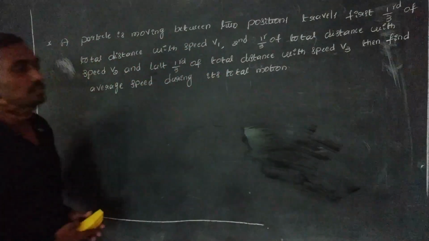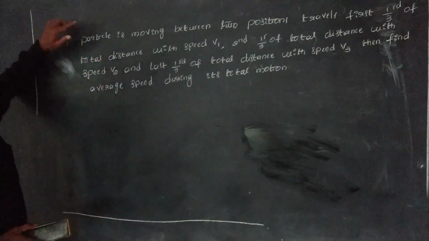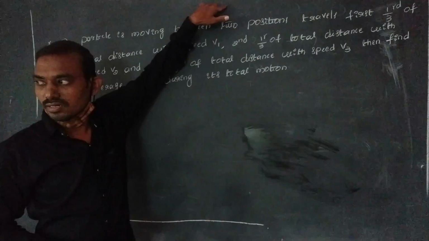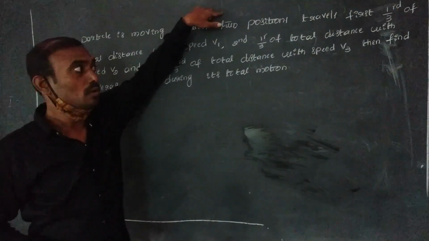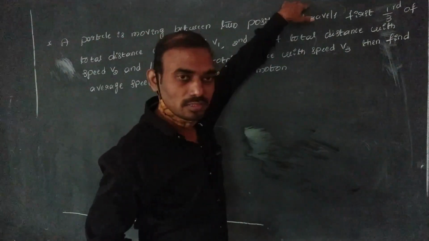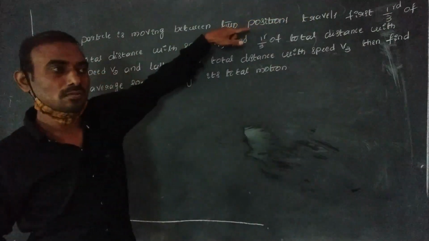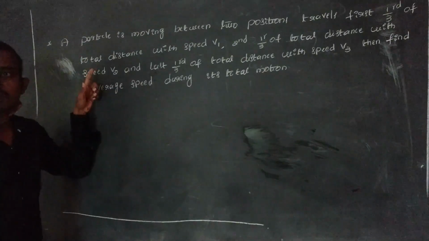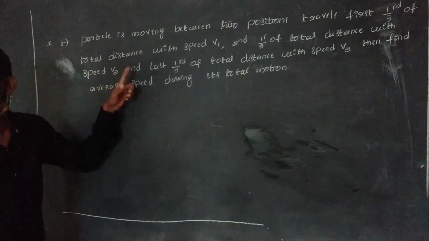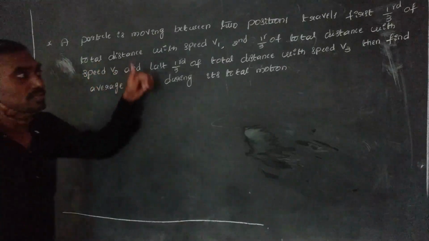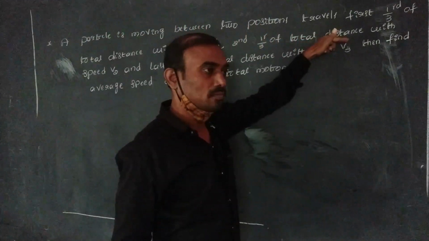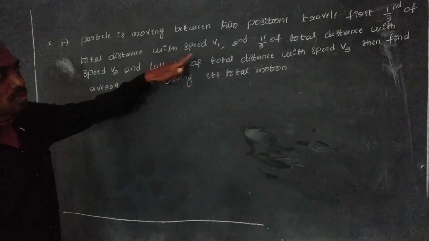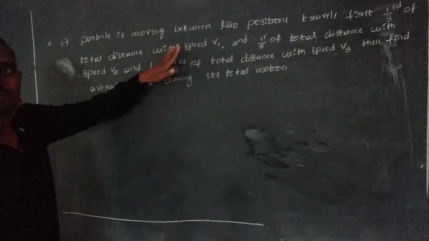Here the given problem is: a particle is moving between two positions, and travels or covers the first one third of the total distance with speed v1, the second one third of the total distance with speed v2, and the last one third of the total distance with speed v3.